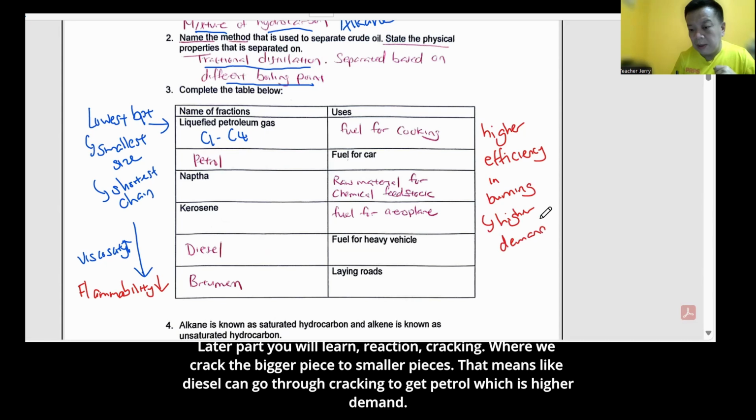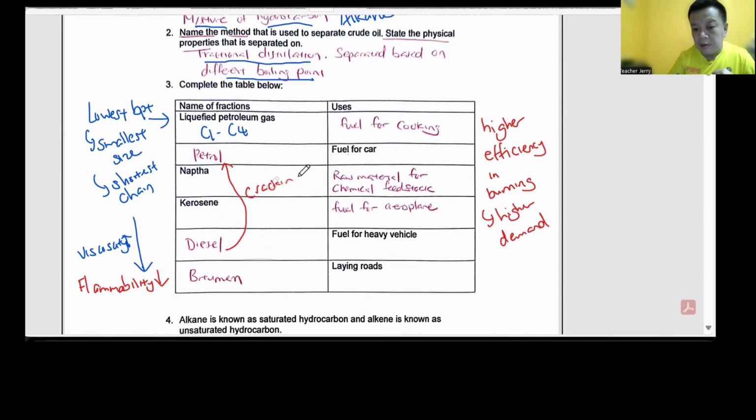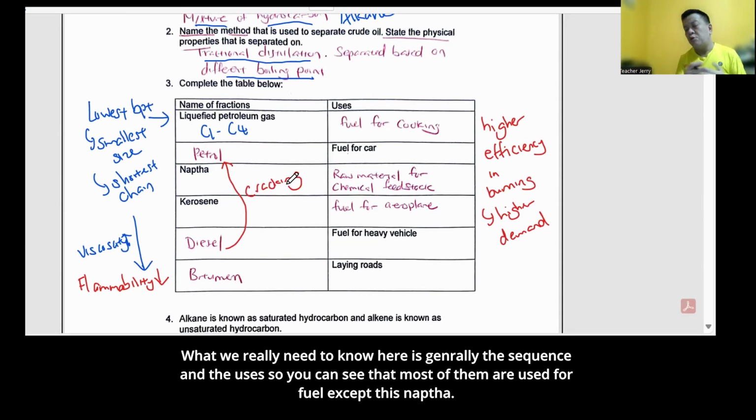Later on, you will learn a reaction called cracking, where we crack the bigger pieces into smaller pieces. That means your diesel can go through cracking to get your petrol, which is higher in demand. What we really need to know here is generally the sequence, and then the uses.